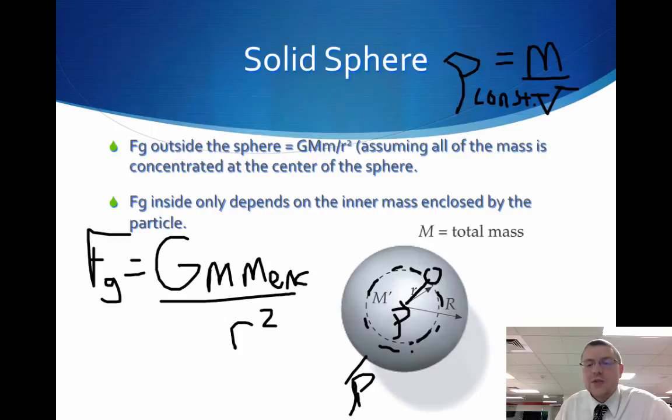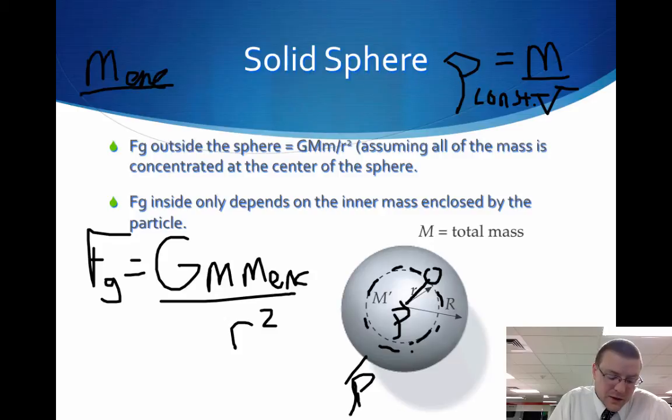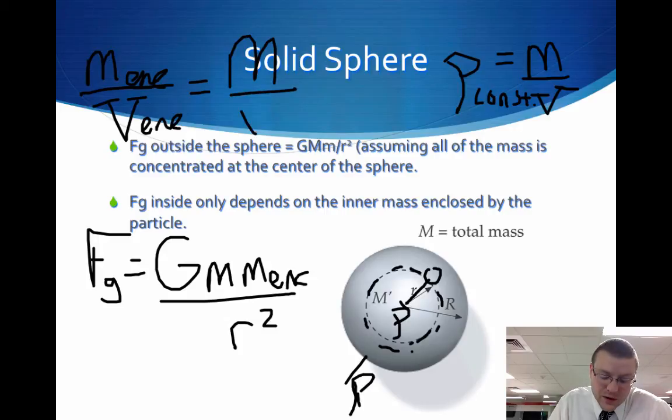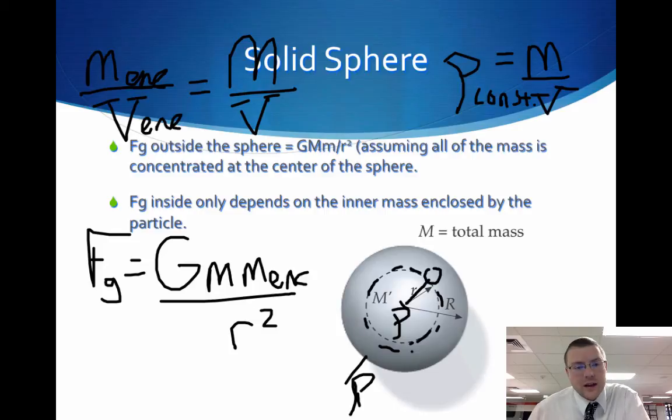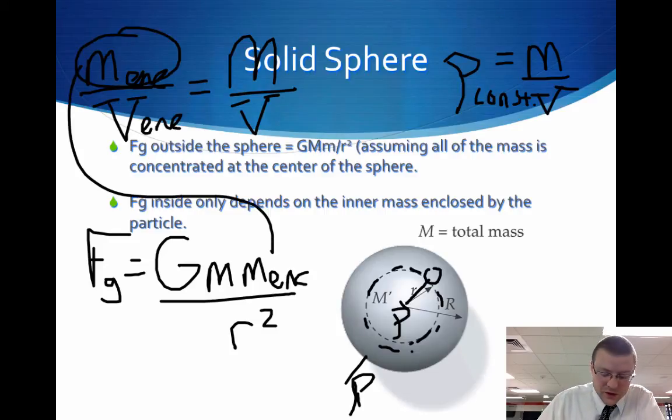So let's set those two densities equal to each other. I'm going to say that the enclosed mass divided by the enclosed volume equals the total mass over the total volume. If we're going to do that, I want to solve for the enclosed mass so I can put it into my force of gravity equation.